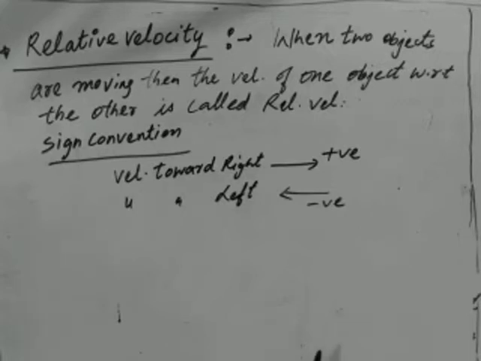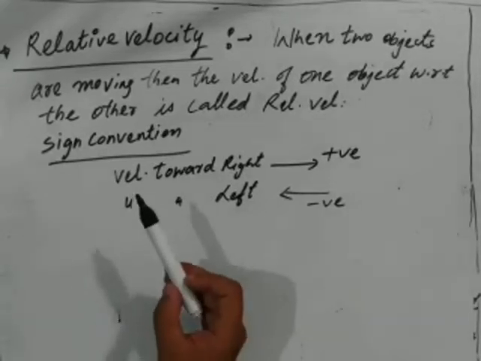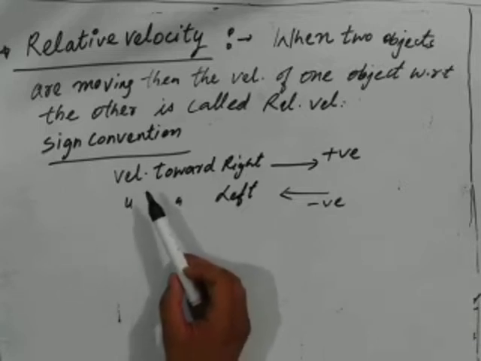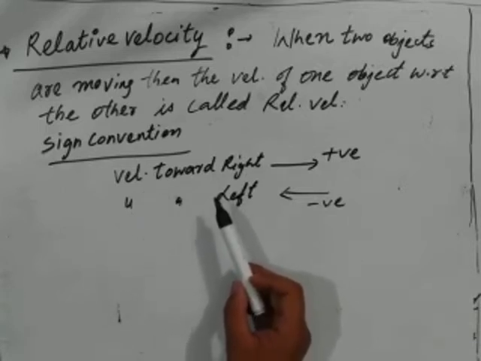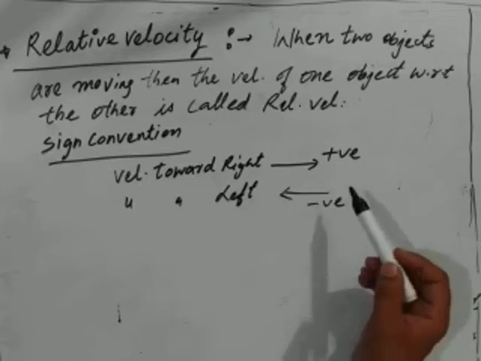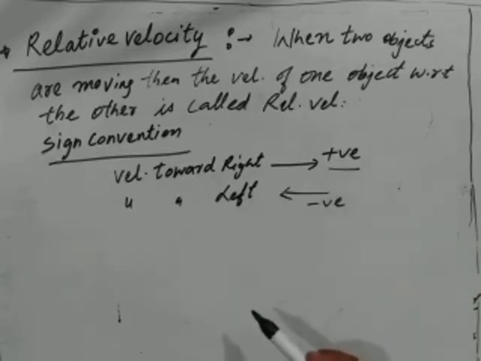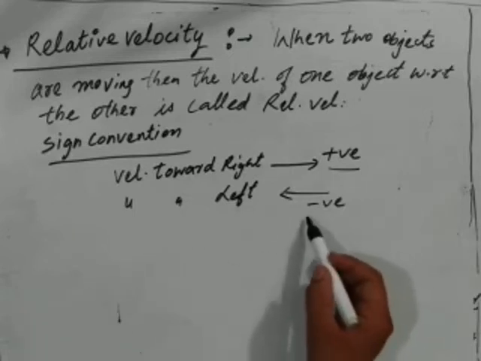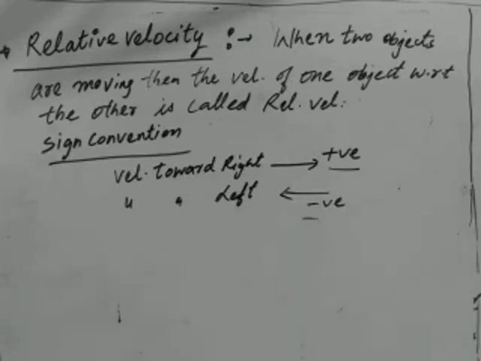Now, the sign conventions. The velocity of the object moving towards right is taken to be positive, and the velocity of the object moving towards left is taken to be negative. These are the assumptions which we have made by ourselves.